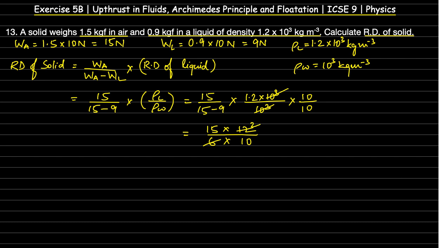So we get this as 15 into 2, that is 30 divided by 10. 0 0 cancels, and we get the relative density of solid as 3. Now that we have got this, our relative density will not have any unit, so please don't write any unit for this. So we will get into the next question, that will be the 14th question.